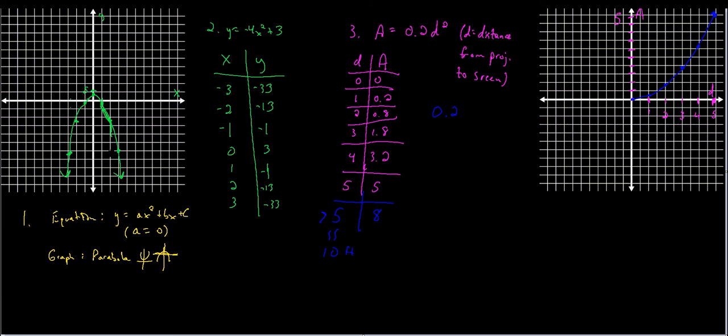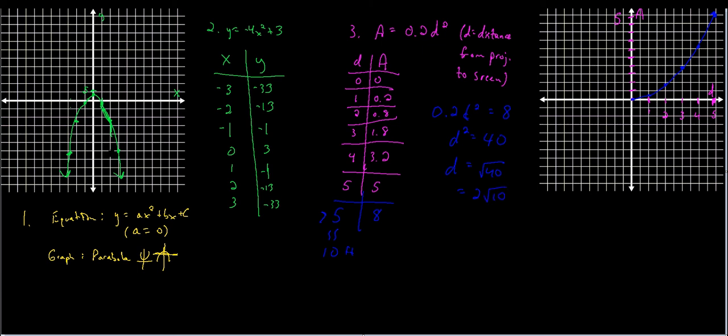So 0.2 times d squared equals 8. D squared equals 8 divided by 0.2. So that's going to be 40. Take the square root of both sides, and d equals the square root of 40, which equals 2 times the square root of 10.